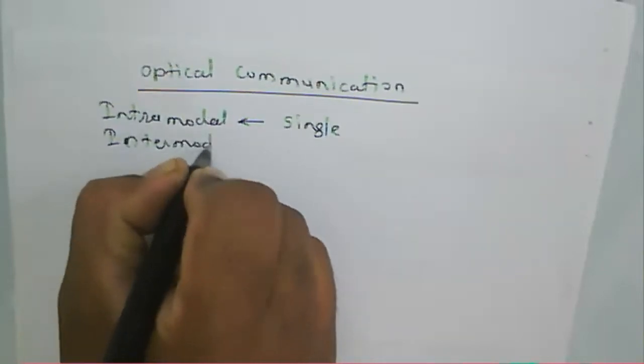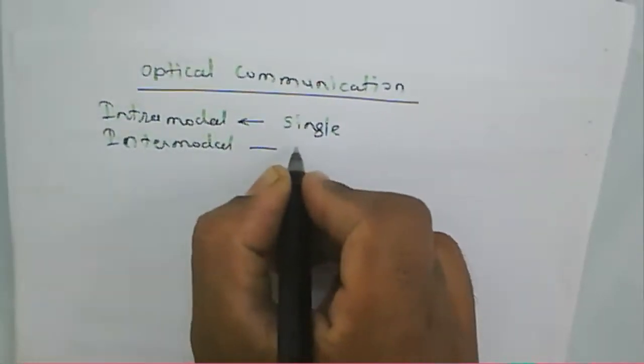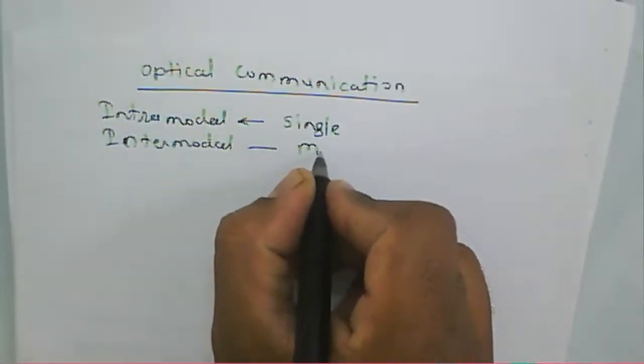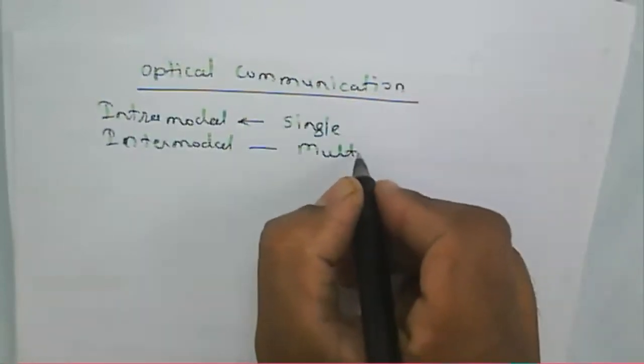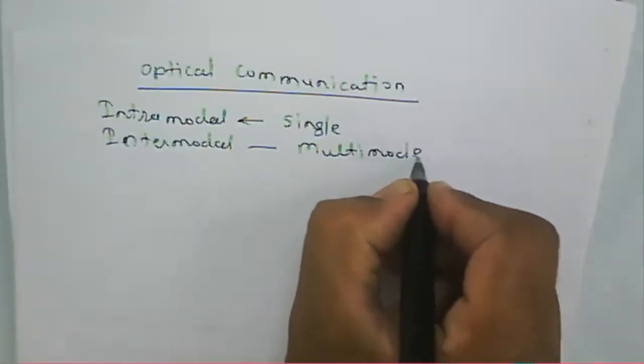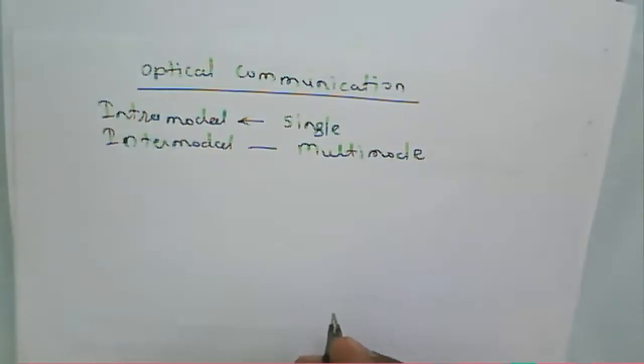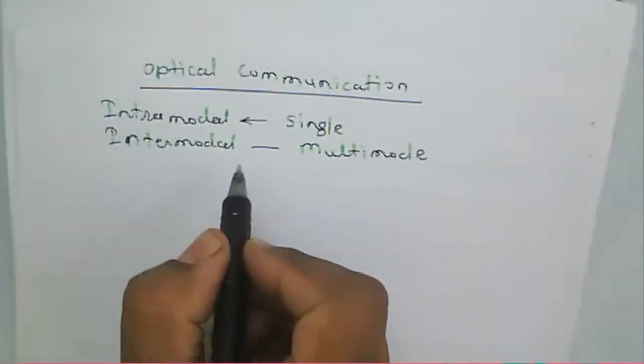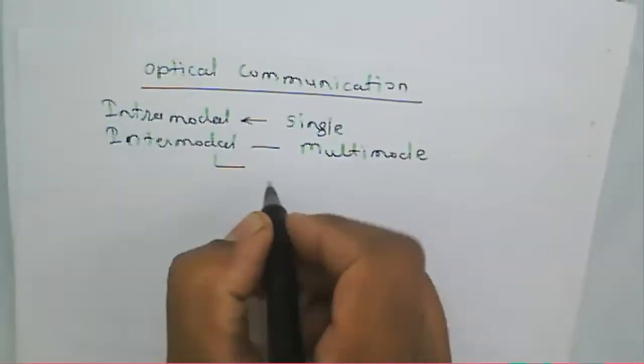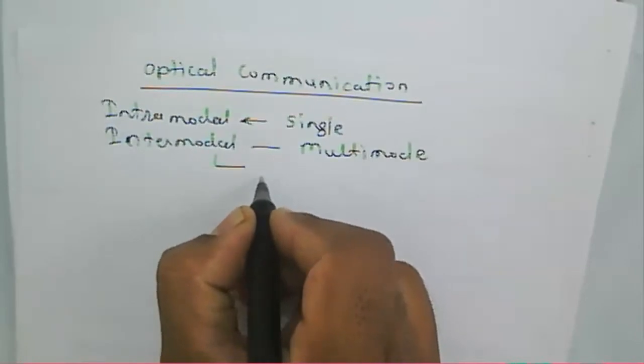Intermodal dispersion will be zero for the single mode fiber, but for the multimode fiber it will be effective here. So to reduce the intermodal dispersion, we need to use a refractive index profile.